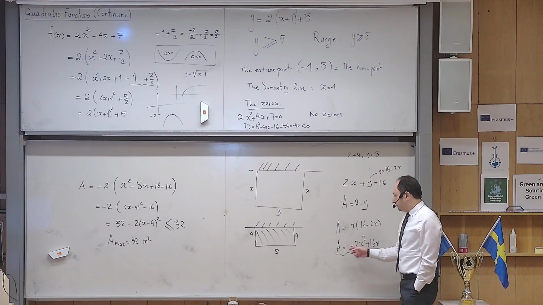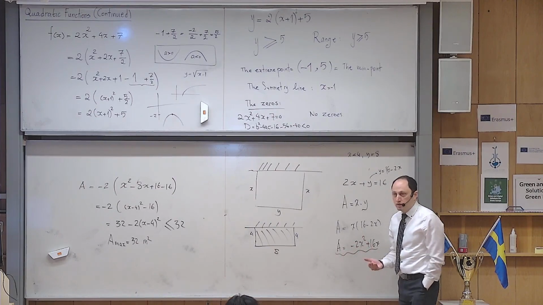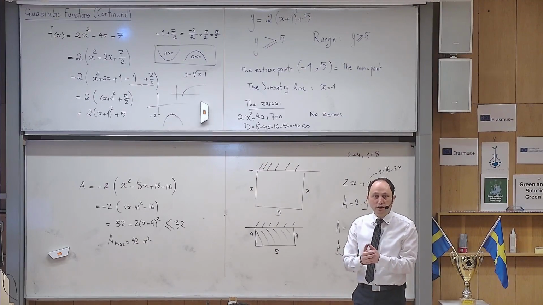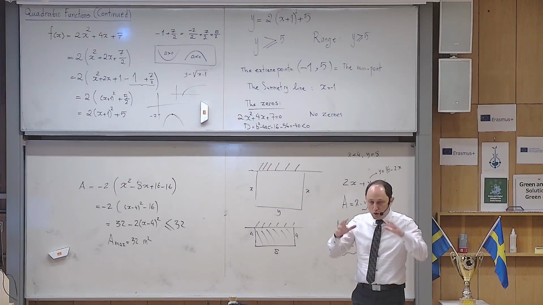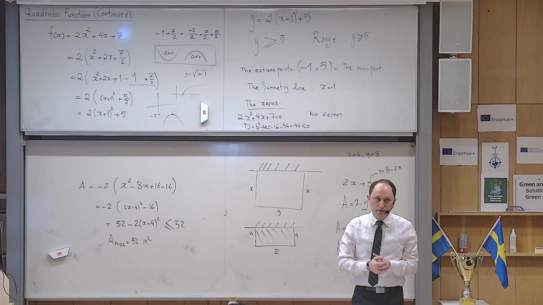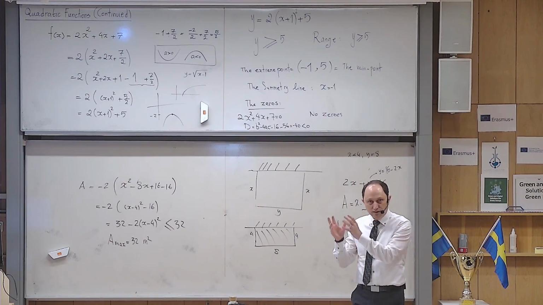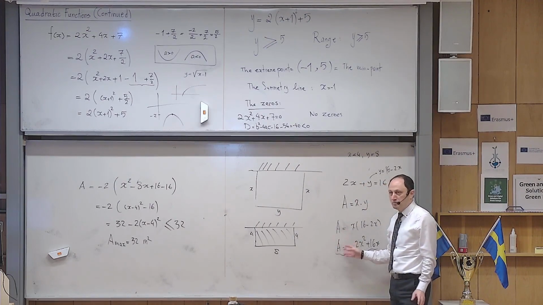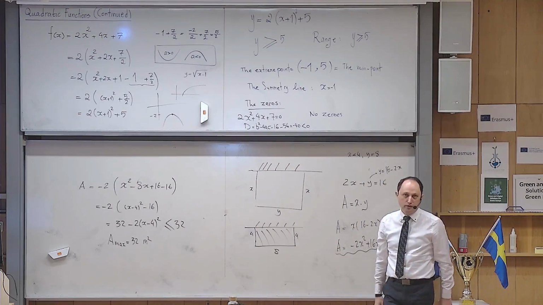Many other problems end up with a function which is not quadratic, but still the question makes sense. How can I maximize and minimize this type of function that we haven't studied so far? All of them will go under the title of the derivative. So we will develop something called the derivative next year, and using that trick, we can, in principle, find all possible maximums and minimums for any other type of function.